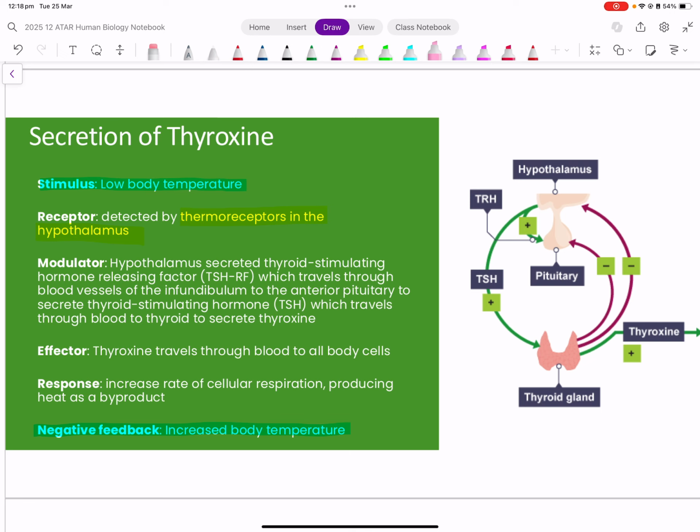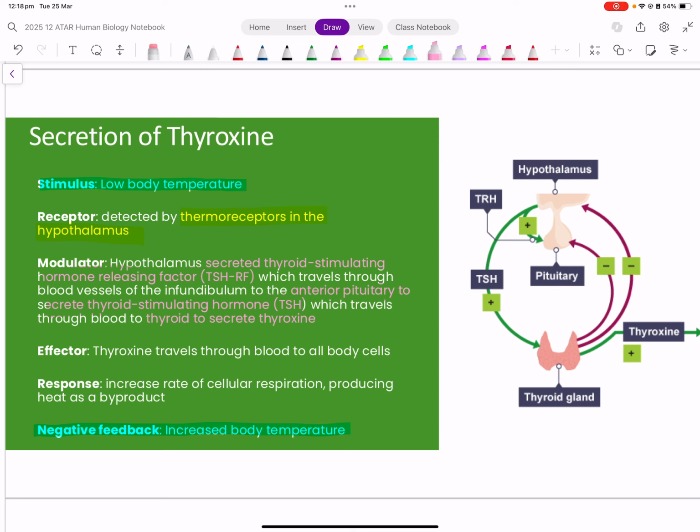So the hypothalamus is going to detect it with thermoreceptors before secreting TSHRF, and TSHRF is going to travel to the anterior pituitary, and the anterior pituitary is then going to release TSH. TSH is going to travel through the blood to the thyroid, and that's going to cause the thyroid to secrete thyroxine.